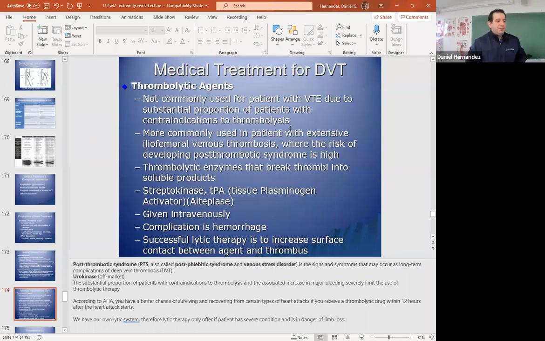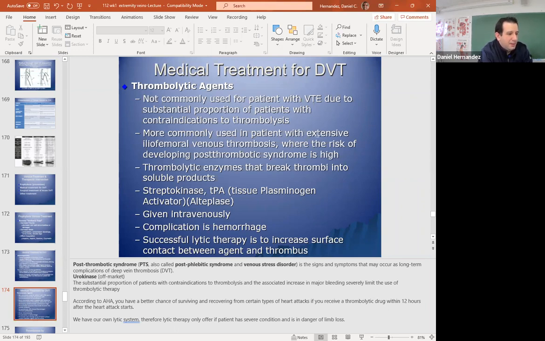The other medication is going to be thrombolytic agents. These are medications that actually do lysis, or break up, deep vein thrombosis. They're not commonly used in patients with thromboembolism or DVT due to a substantial proportion of patients with contraindications to thrombolysis.